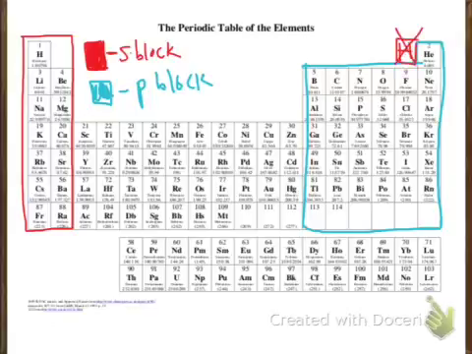I very often have people cross that out. We're going to talk about why there are 2 hydrogens on there, probably today actually. So you've got your P block elements. The question being, should I color these blank spaces? Yes, because if there are elements there, and these are all going to be human created if they show up, they're going to be filling in the P's. Really high P's, but they're still going to be filling in the P's.